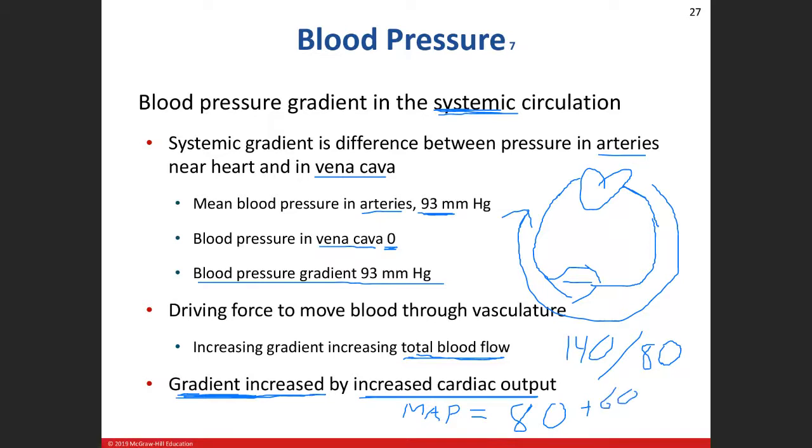Pulse pressure is 60. Divide that by 3. That's 20. So 20 plus 80 is 100. So by increasing our cardiac output, that's going to increase our pressure gradient here.